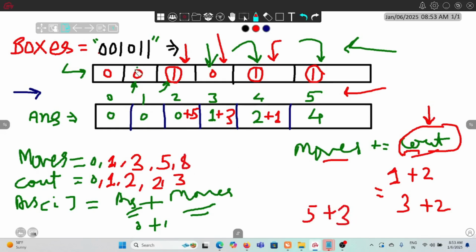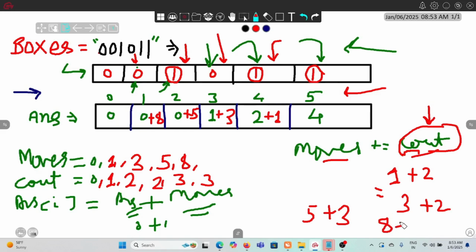Now we are coming to this guy. What is the value here? Already 0 plus, answer equal to answer plus moves. So moves is 8, so 0 plus 8. Now we have to calculate again, because this guy is 0, so count would be unaffected, still 3. So what would be the moves? Moves would be the current value, which is 8, plus the current count 3.